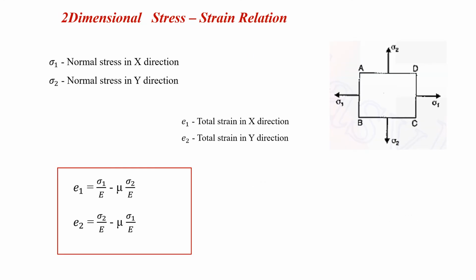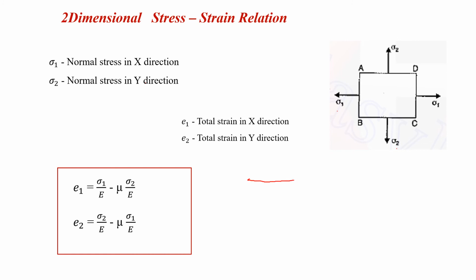Then I shall explain these two things once again. That is the two-dimensional stress-strain relation, which we make use of in the derivations of the relations. If sigma 1 is the normal stress in x direction and sigma 2 is the normal stress in y direction, and E1 is the total strain in x direction and E2 is the total strain in y direction. Here I can consider one at a time.